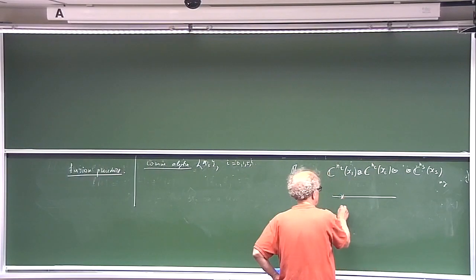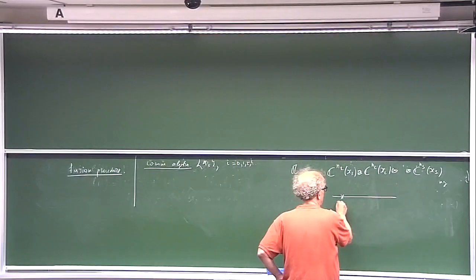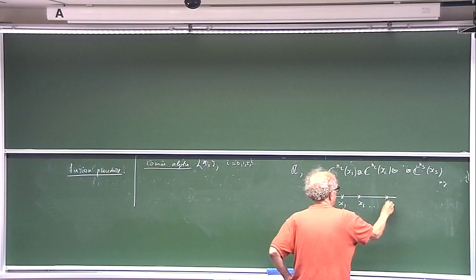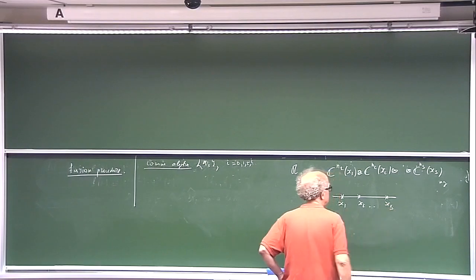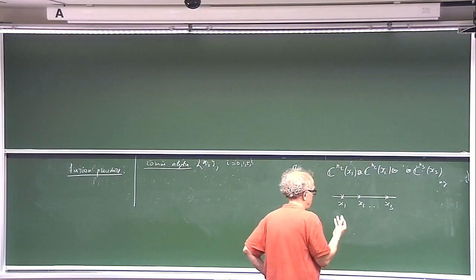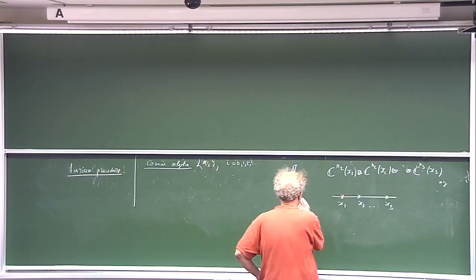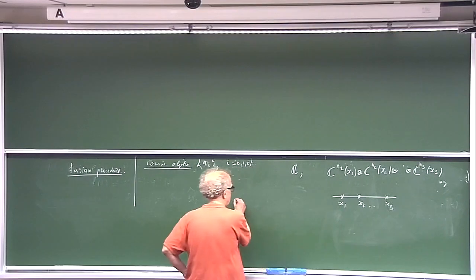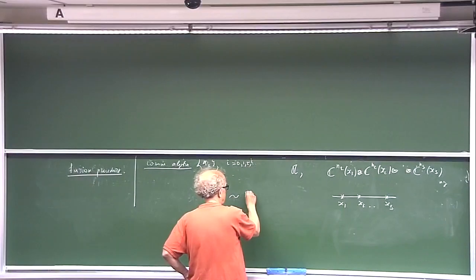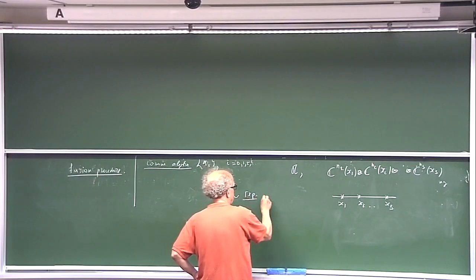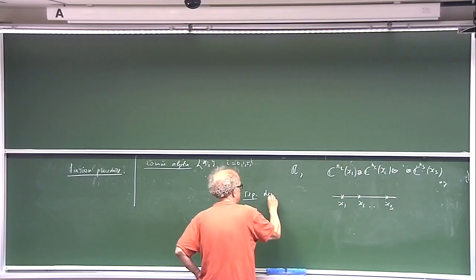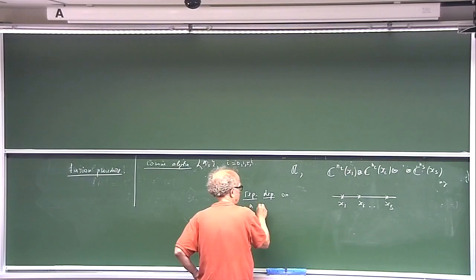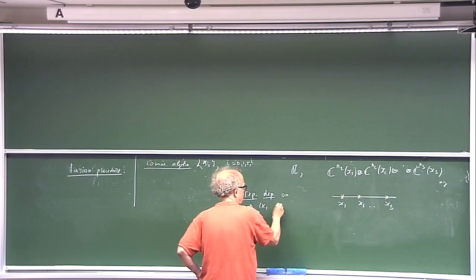So what is going on? We have a collection of points x1, x2, and so on, xs, and over this we have a representation of my algebra A, so the result of this construction is a representation depending on the points x1, and so on, xs.